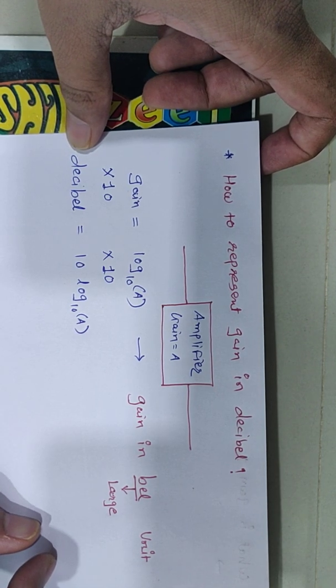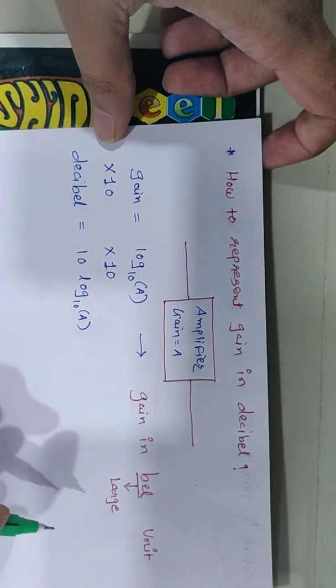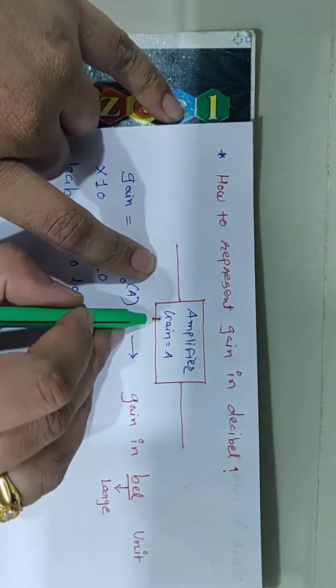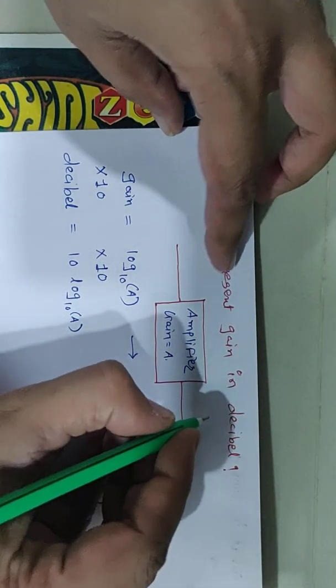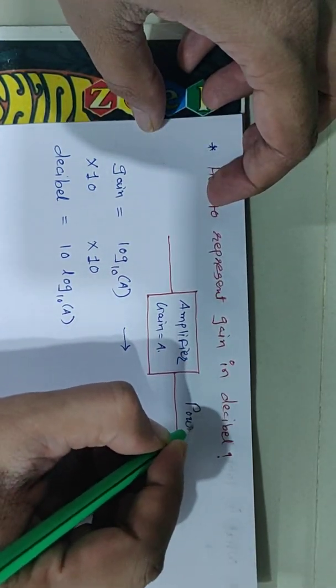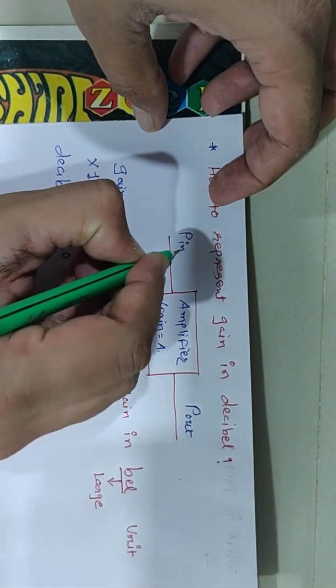Now let us see that if our amplifier has a gain which is A and this is a power gain, so let us assume the output power of amplifier is P out and input power is P in.